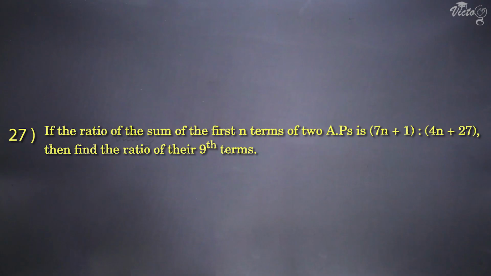Question number 27. If the ratio of the sum of the first n terms of two APs is 7n plus 1 is to 4n plus 27, then find the ratio of their ninth terms. We are given the ratio of the sum of the first n terms of two APs.